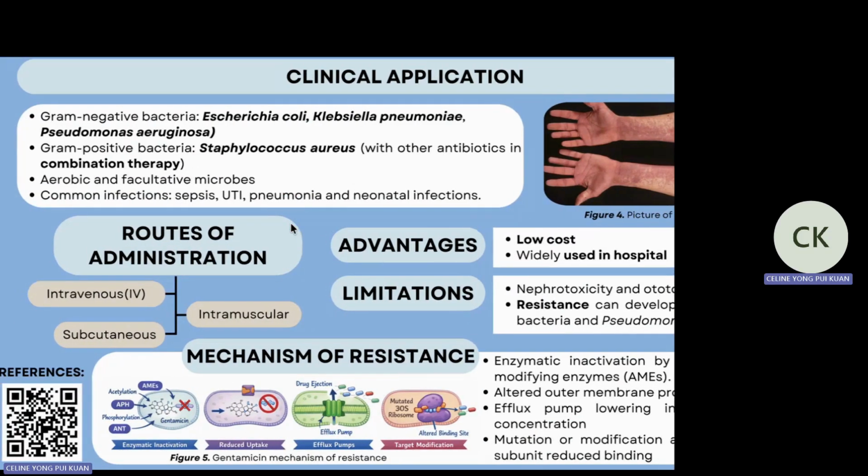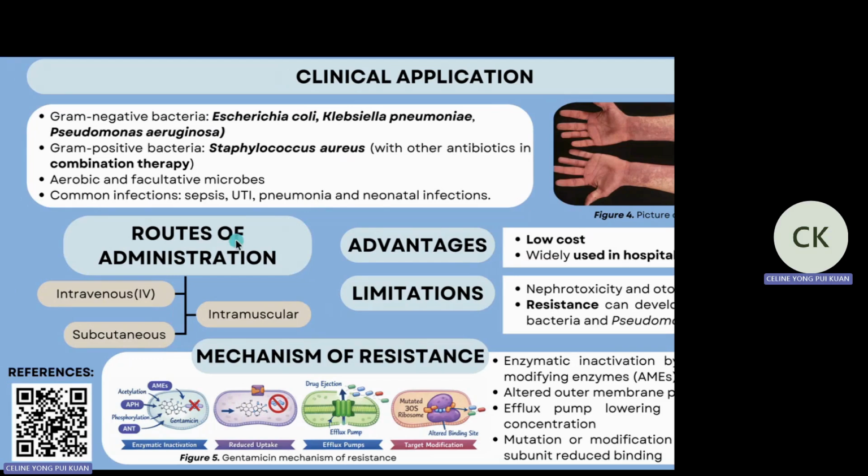Due to the poor absorption of gentamicin in the gastrointestinal tract, it cannot be administered orally, so instead it is given via parenteral routes such as intravenous, intramuscular, and sometimes subcutaneous administration.